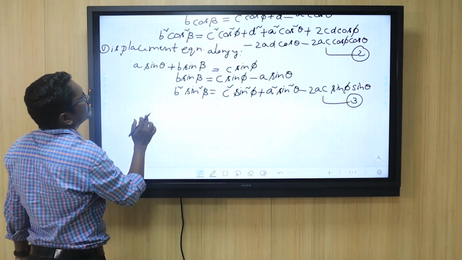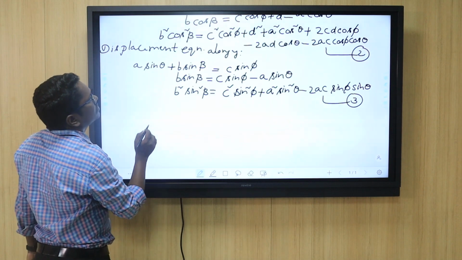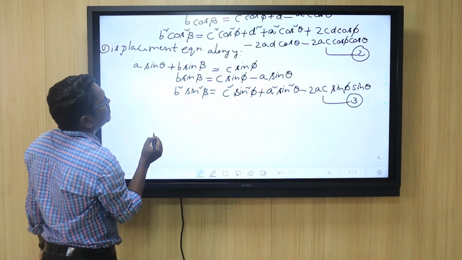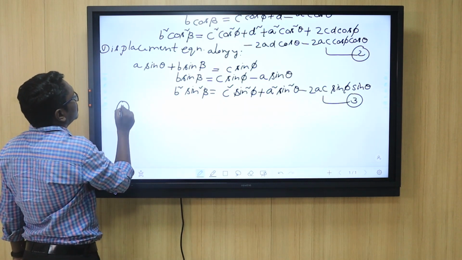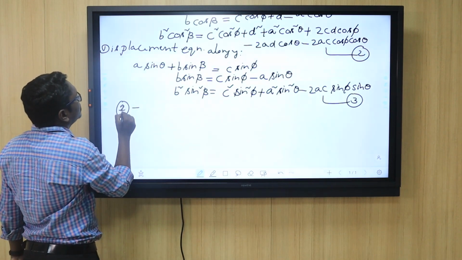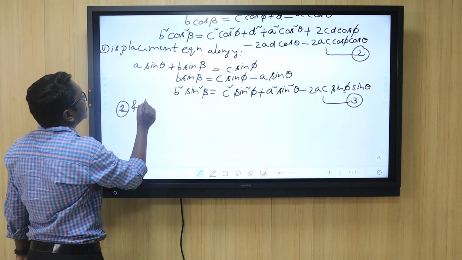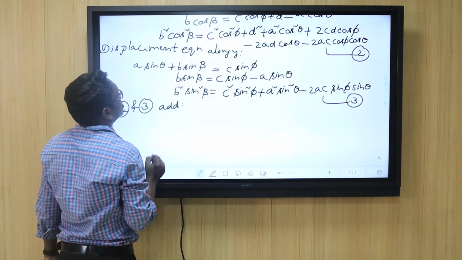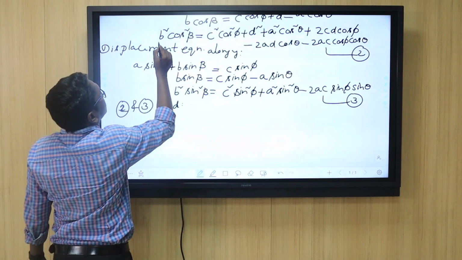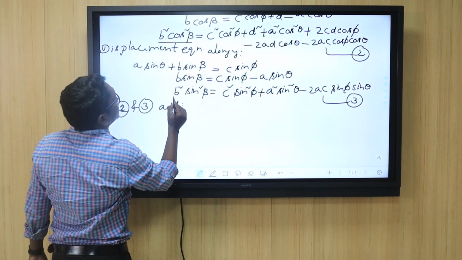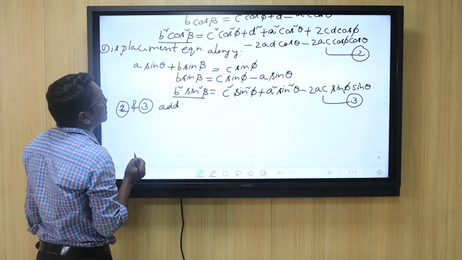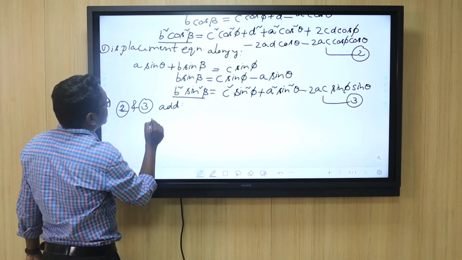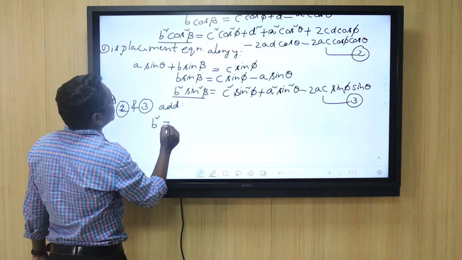So now from the first two equations, 2 and 3, let us write the final equation by adding 2 and 3. So that we will be getting b square cos square beta plus b square sin square beta on the left hand side, that is equal to b square.